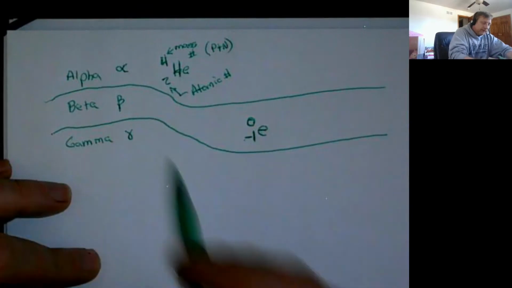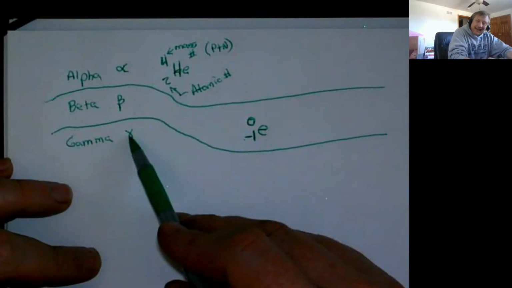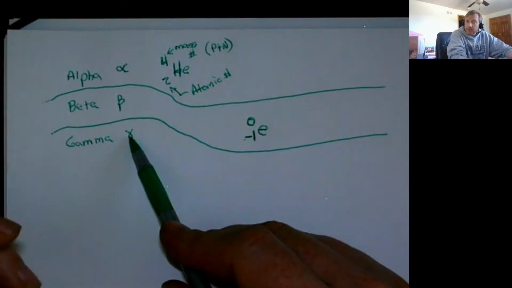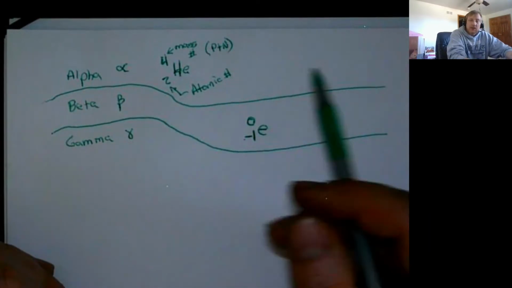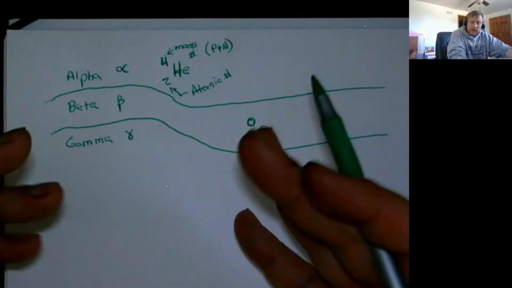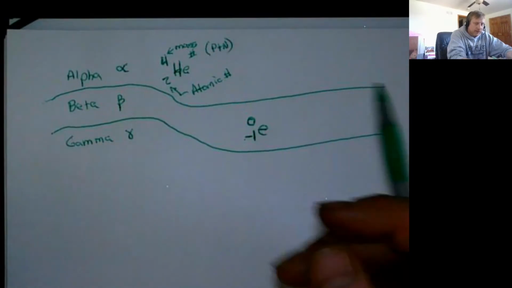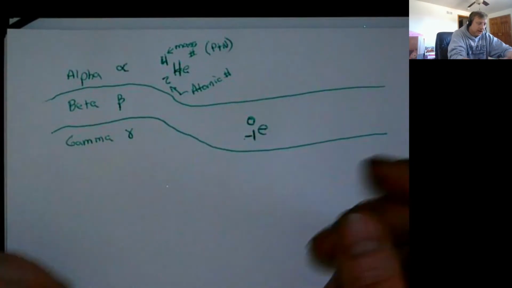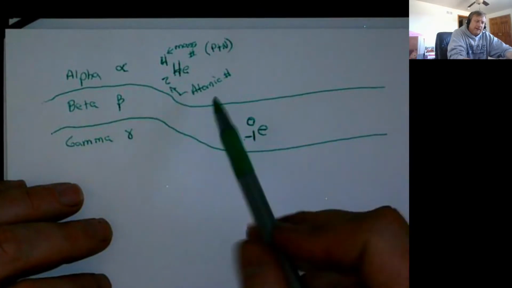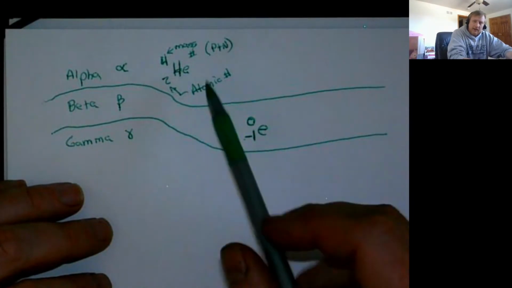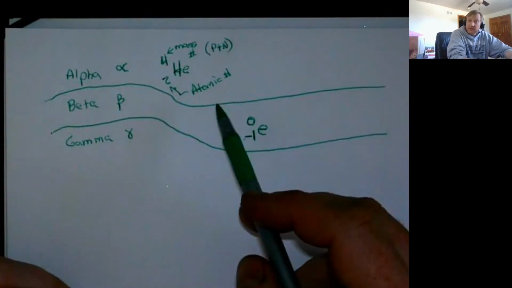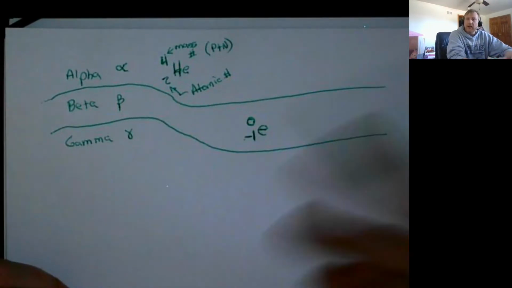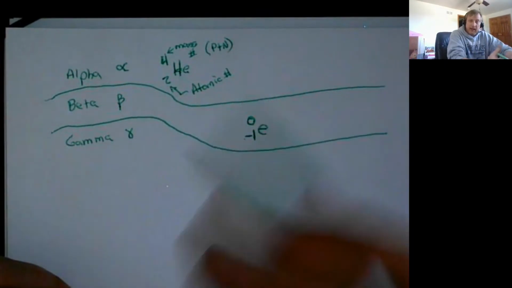And finally, for gamma, gamma is pure energy. It does not have a particle associated with it. It's just very highly energetic photons being shot out of the center of an atom, and typically is accompanied by some other type of emission. So if we have a beta emitter, it might emit a beta and a gamma.